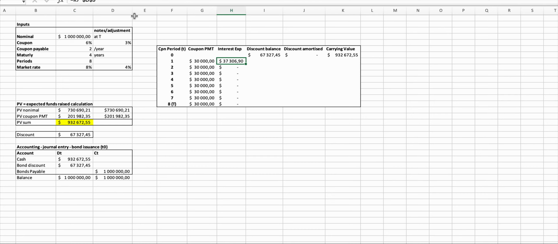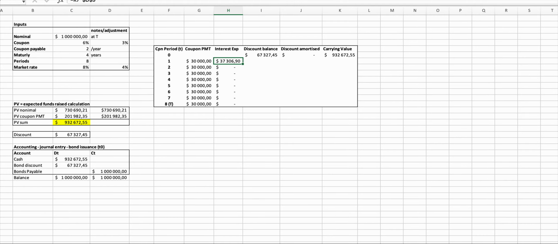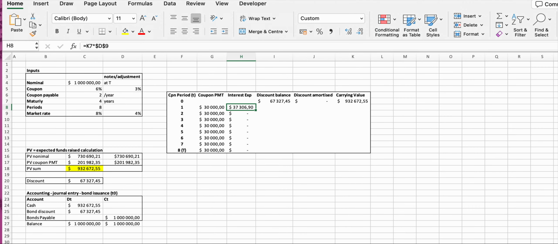And during the class, we've managed to calculate this interest expense, and we've determined that it is calculated not using the coupon rate and the nominal value, but using the market rate, or the rate of return that the investors are requesting, the minimum rate of return that will make the investors buy our bonds, and the carrying value of the bond, or in the case of the first entry, actually the present value of the bond. So let's put these two into perspective.